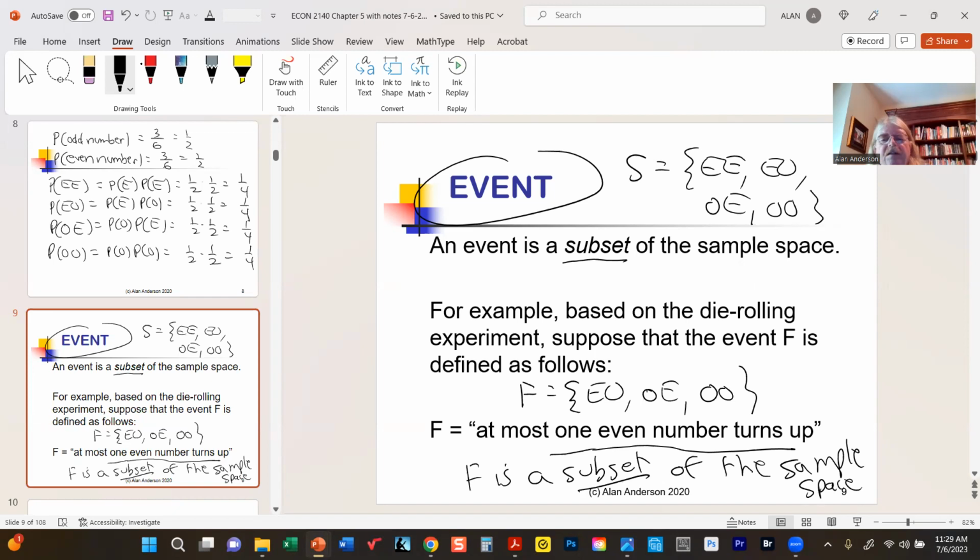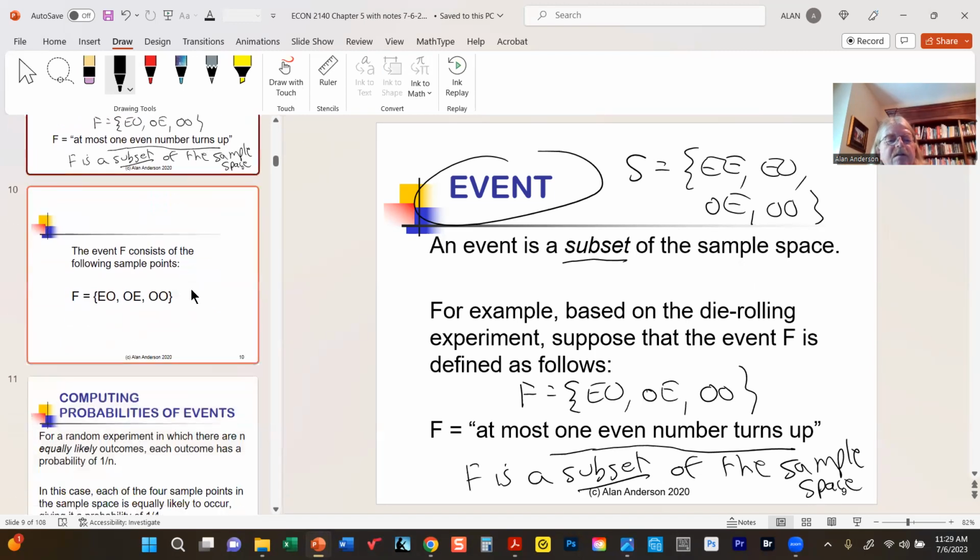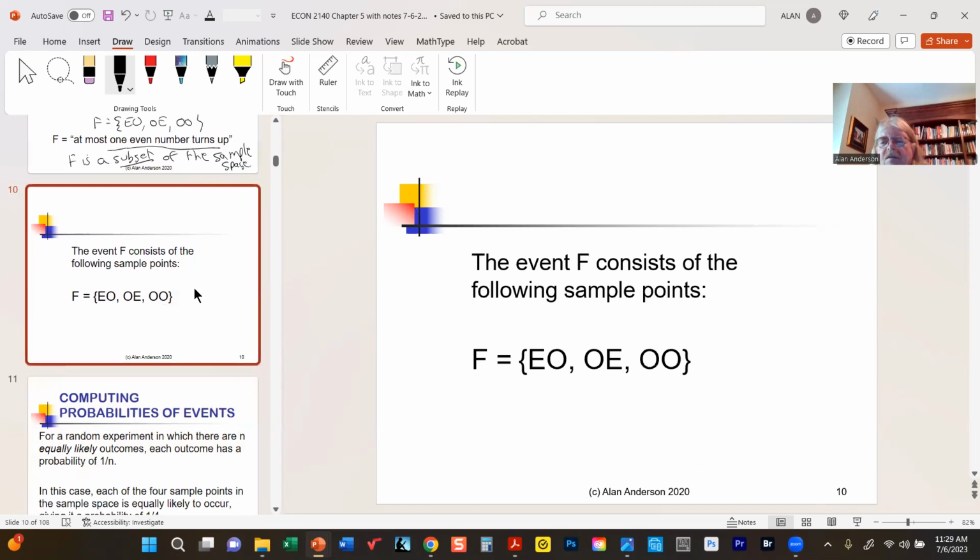And therefore, it qualifies as an event. So how do we calculate its probability? Well, that turns out to be a very simple matter because, among other reasons, they're all equally likely. So we could do this.